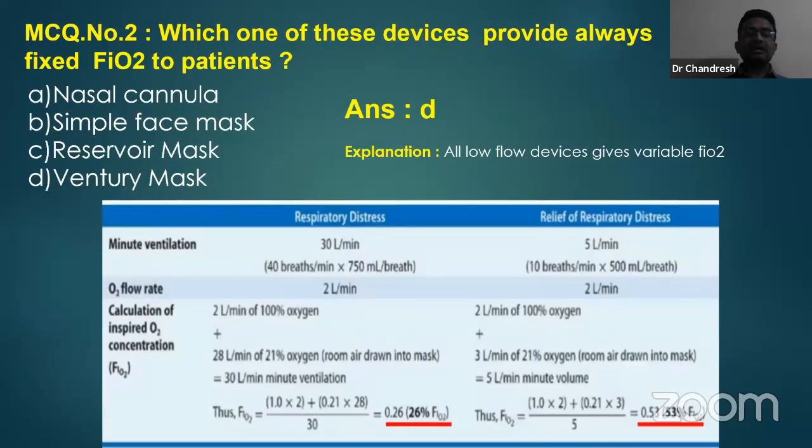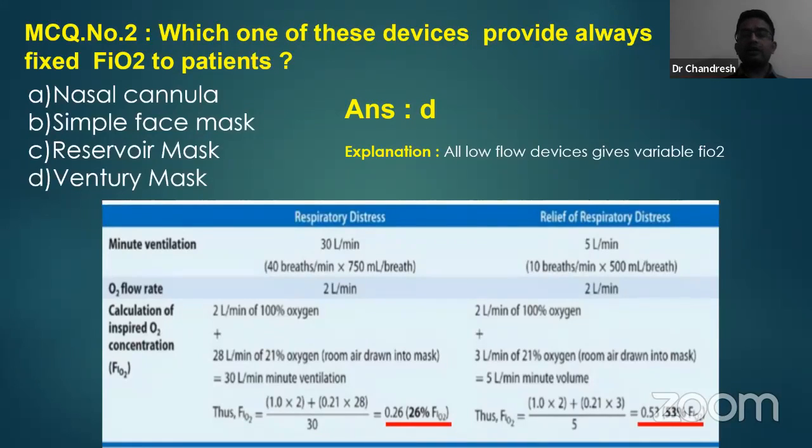Let's think about how much FiO2 will be given if you give the same oxygen supply through the nasal prongs at 2 liters to both these patients. A patient who is tachypneic, breathing at higher rates with a higher minute ventilation, will get low FiO2. It will be only 26%.